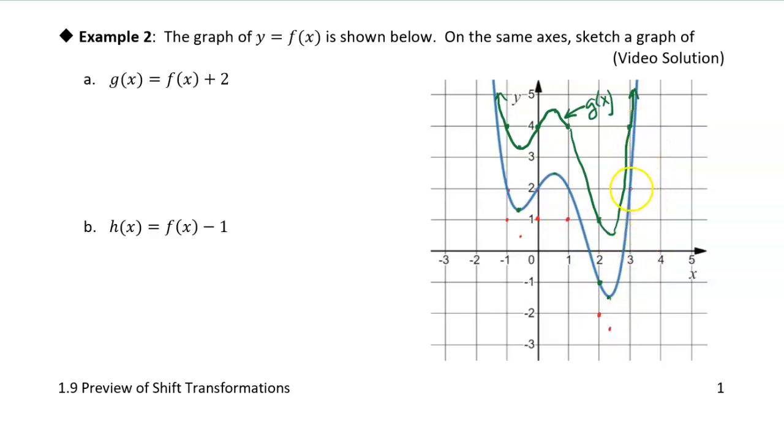All right. So here we get shifted down by 1. It goes like that. And this one also gets shifted down by 1, this point here. And now I can just connect those points. So let's see here. I'm going to come down, back up, down.